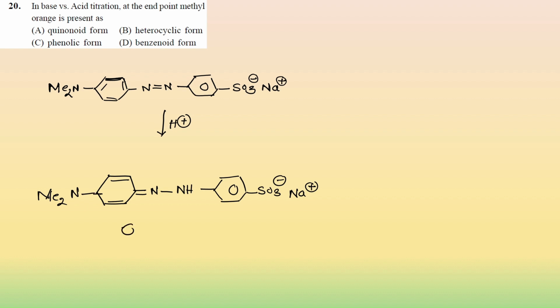So this is what a quinonoid structure is, double bond, double bond N, double bond N, right? So option A is correct.